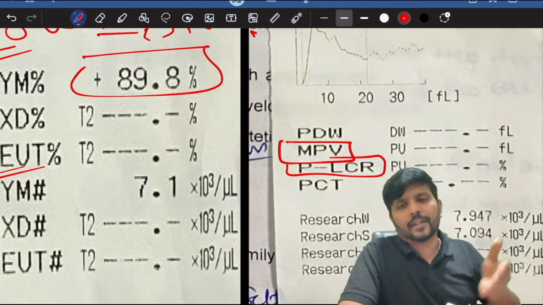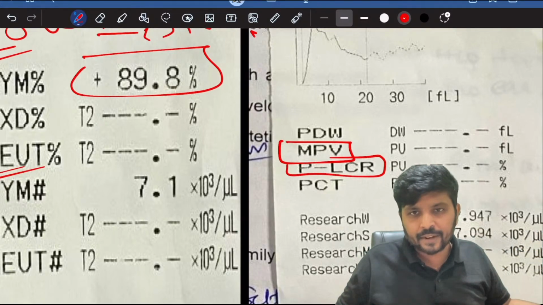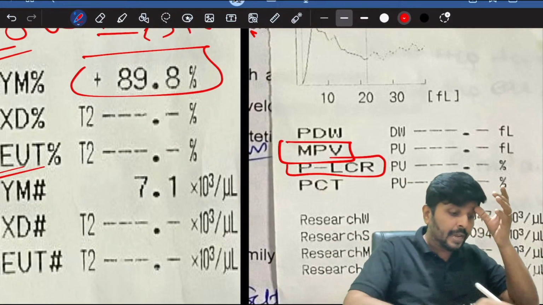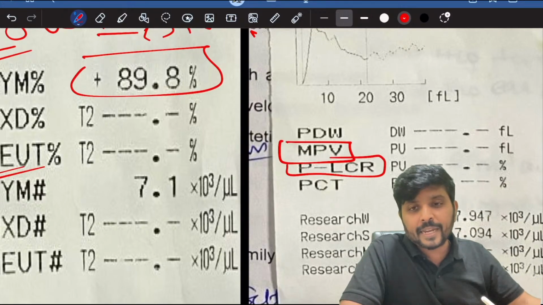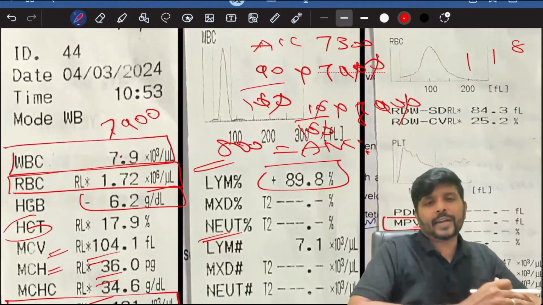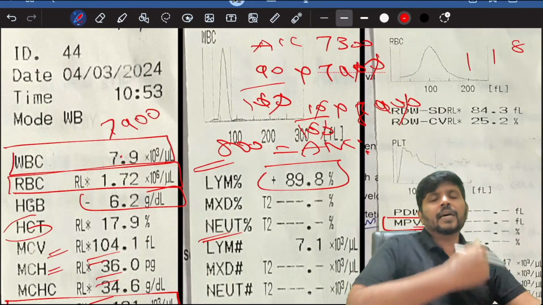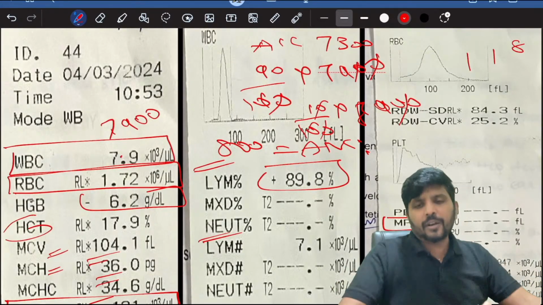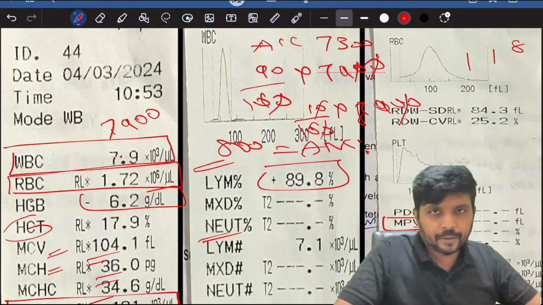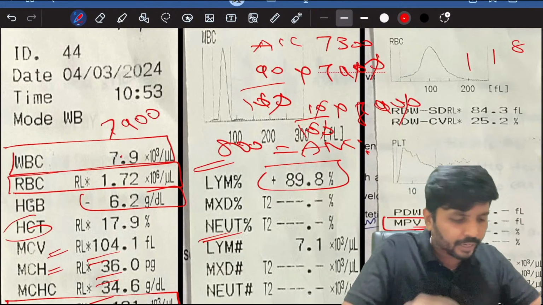The same is for the platelet. Reticulocyte count high means that your bone marrow is working well. In the same way, platelet ratio high means your bone marrow is working well. So you can have a WBC count, a differential count, the RBC parameters, WBC parameters, platelet parameters. So many things you can derive from a simple automated hemogram.